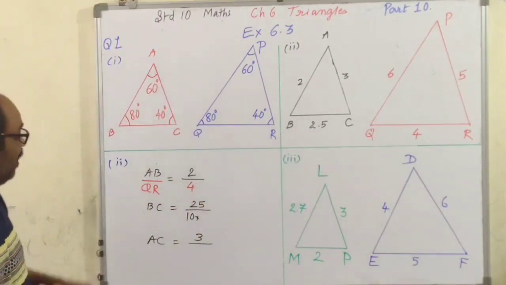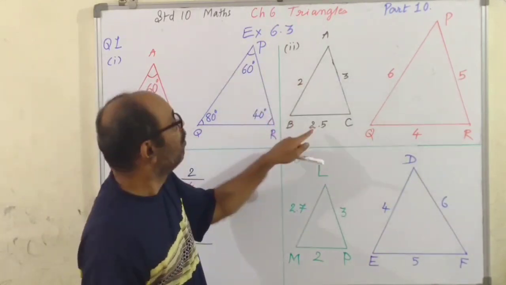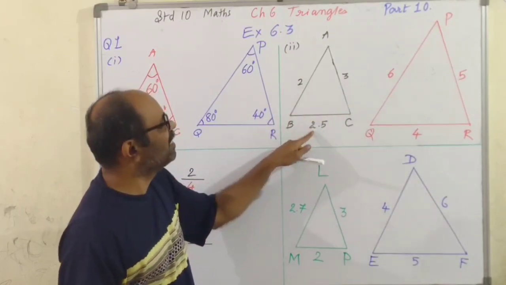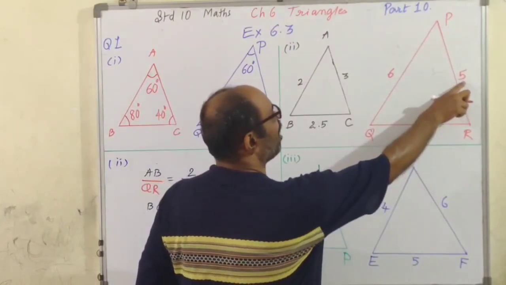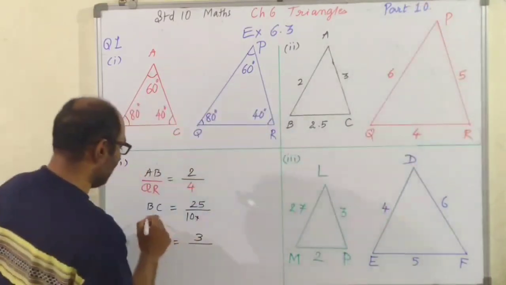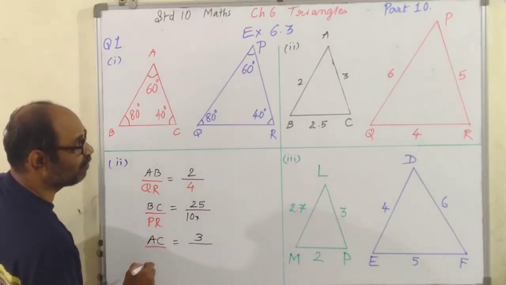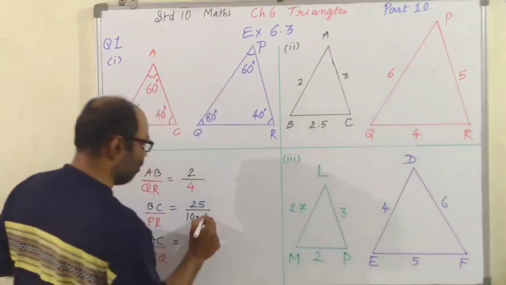Are you getting me? Let's go to BC. BC is okay. Now AB is gone. From BC and AC which are left, which is the next smaller? Yes, BC 2.5. Here after 4, what is the next smaller? 5. So that is PR. So upon PR, and the side left. What side is left? PQ. What is PR? 5. So upon 5.